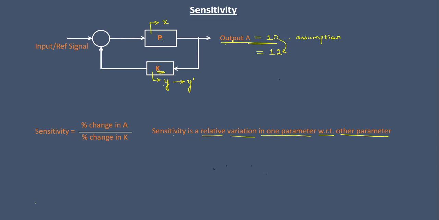So here the relative variation is in output A with respect to change in the other parameter, which here is the feedback element K.